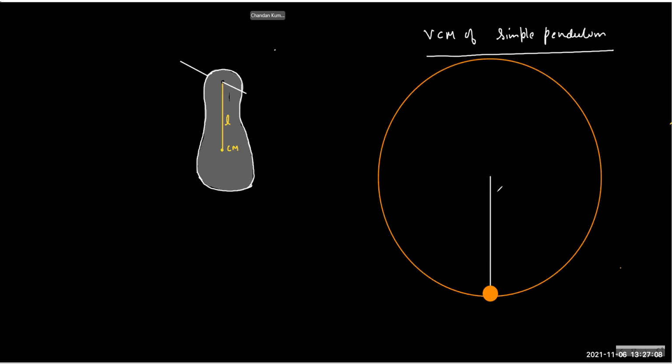So now, if I throw it tangentially with some initial velocity, the separation between the bob and the center of suspension, the O and the bob, this must remain the same, right? Here also.